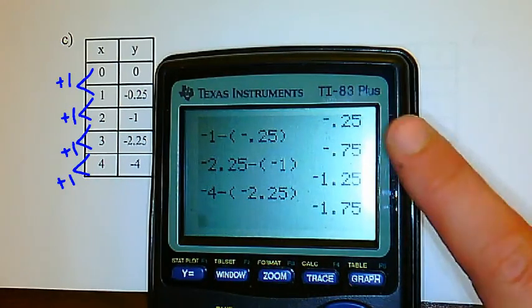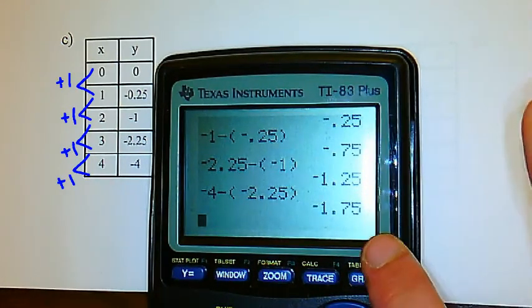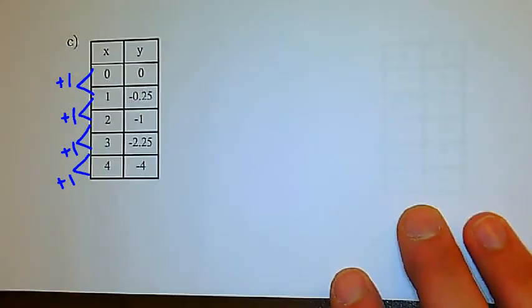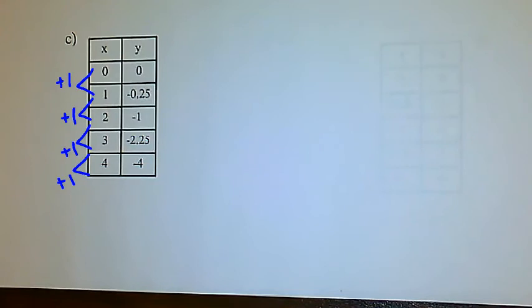Okay, so clearly I'm not doing the same thing every time, but let's see what happens. I'm going to just write those down. Okay, so first I had to subtract 0.25.